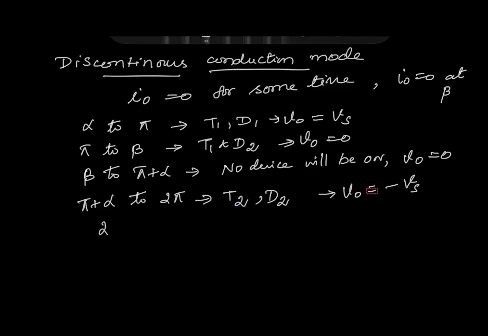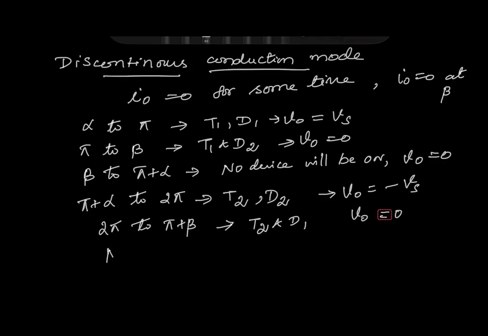From 2 pi to pi plus beta, we will have freewheeling action taking place due to the conduction of T2 and T1. So T2 and T1 will provide a freewheeling path for the current, and so V0 will be 0.